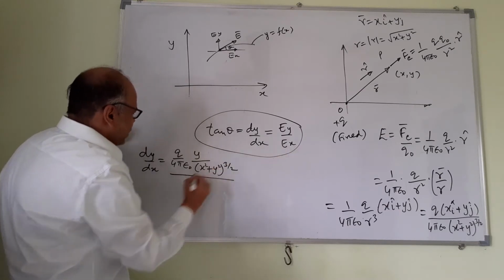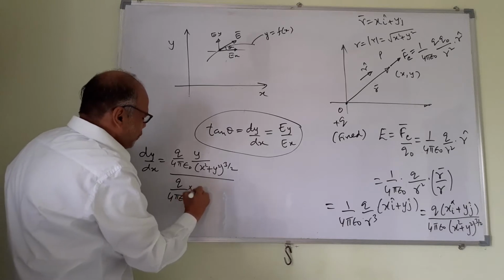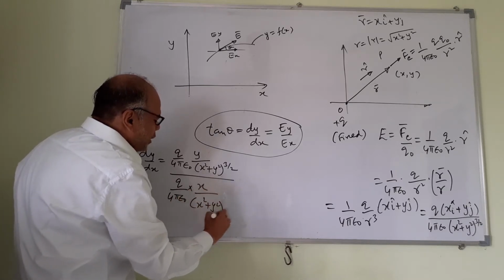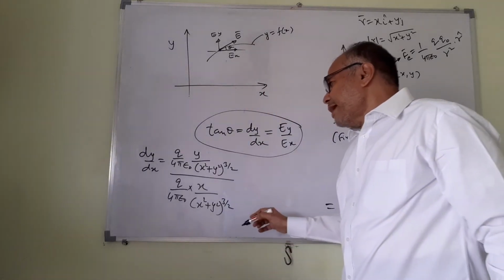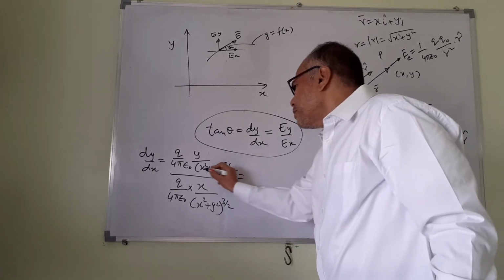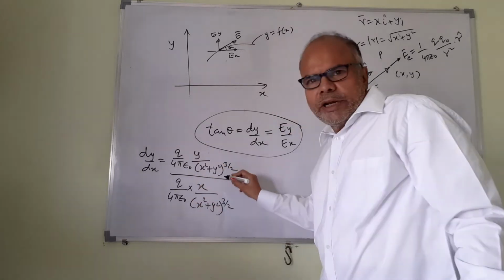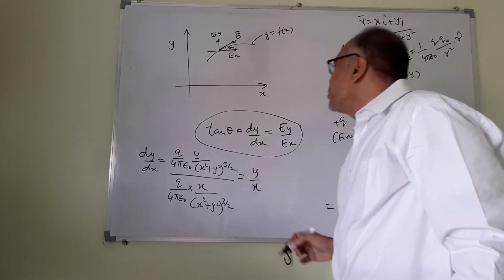Ex should be q by 4 pi epsilon naught x by x squared plus y squared raised to 3 by 2. So you see many things cancel here: q by 4 pi epsilon naught cancels, x squared plus y squared raised to 3 by 2 cancels, and I will get y by x.